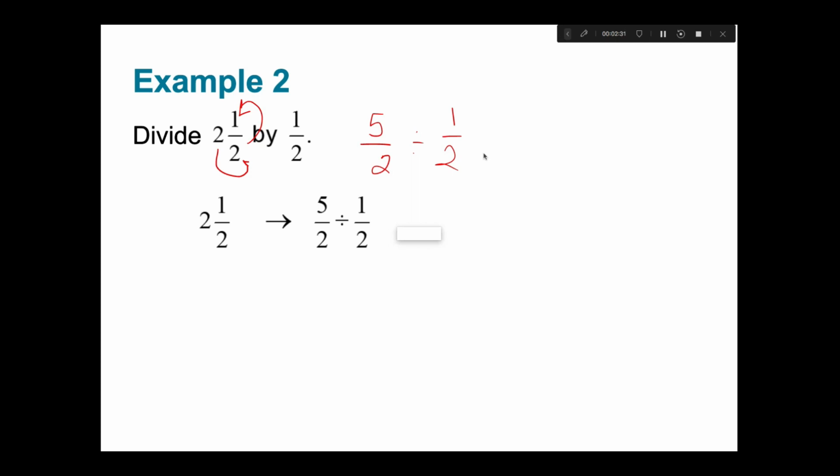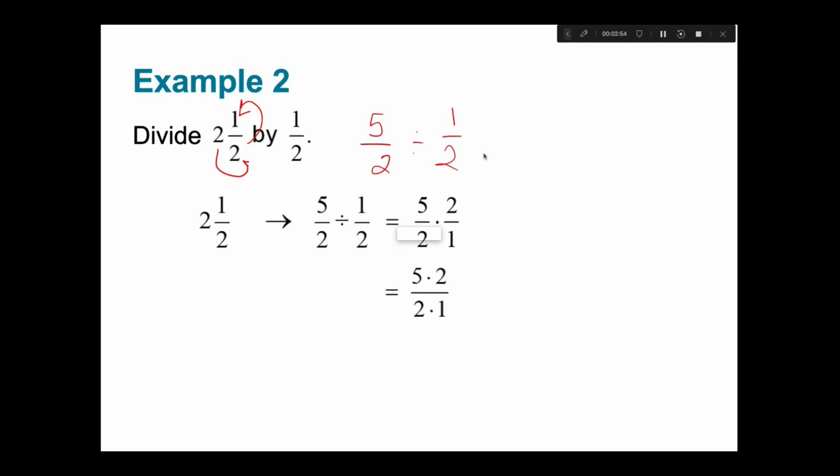Okay? Flip and multiply. So we're going to flip that second fraction, and when we flip it over, we end up with 2 over 1. So I have 5 over 2. Now I'm multiplying 2 over 1. Is there anything I can cross-cancel before I multiply? Let's cross-cancel our 2's. If we cross-cancel our 2's, they both become what? 1's.